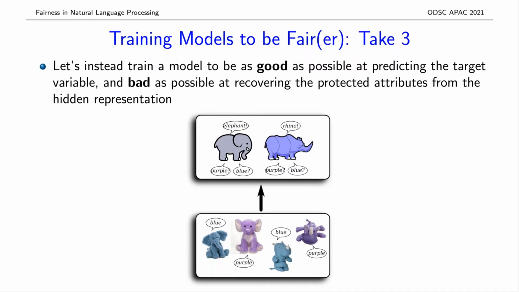And so we're going to train our models such that we get this good at the target variable, bad at discriminating relative to these predicted attributes at training time, and at test time, we don't make any use of the predicted attributes.